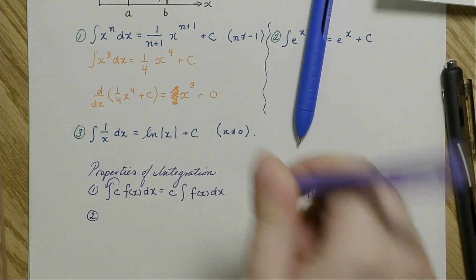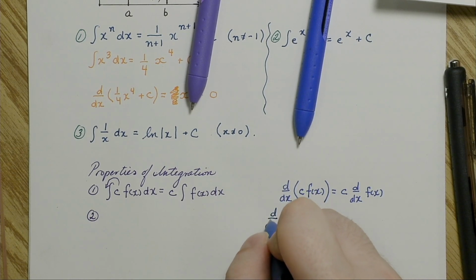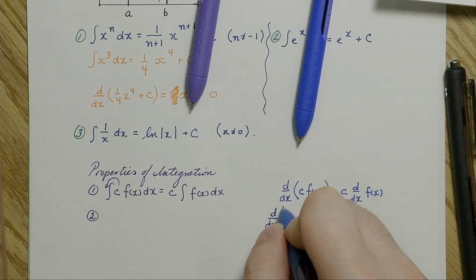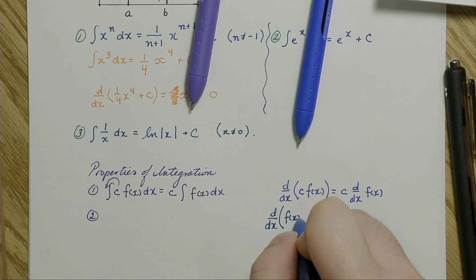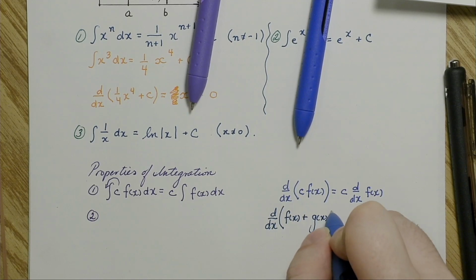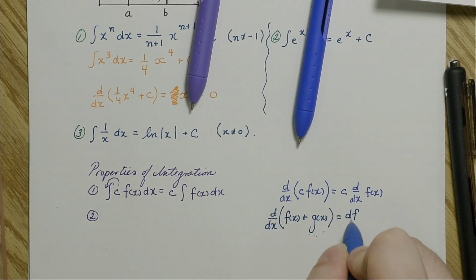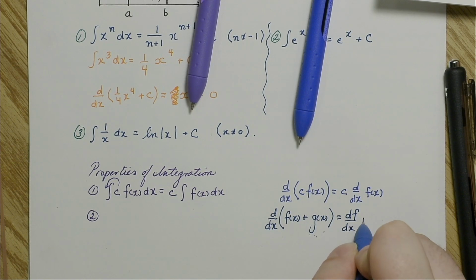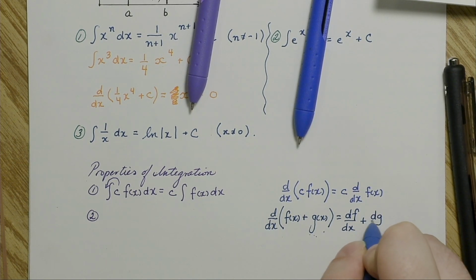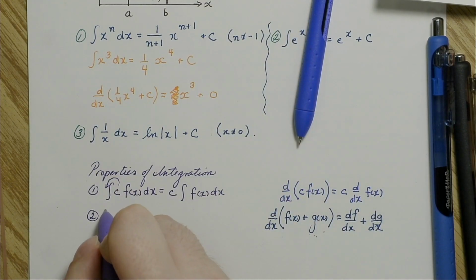The second one is very similar to our sum rule. If I have the derivative of f of x plus g of x, that's equal to the derivative of f with respect to x plus the derivative of g with respect to x. The same thing happens with the integral.